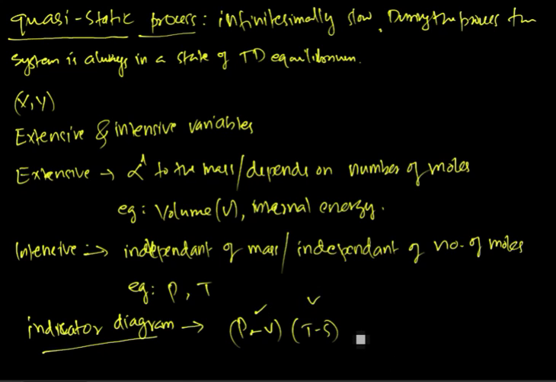So the interrelationship between the thermodynamic variables x and y in a quasi-static process can be represented graphically, and these graphical representations are called the indicator diagram. So that's all about thermodynamic equilibrium and the indicator diagram.